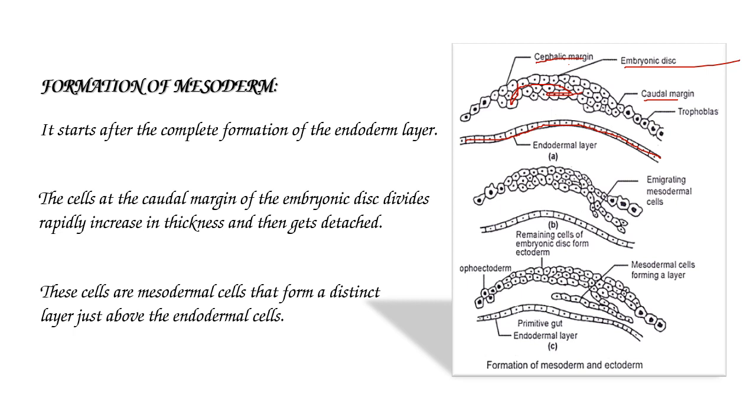Now the mesodermal layer starts to originate from this caudal margin of the embryonic disc. The cells of this caudal margin divide rapidly and increase in number, and these increased cells start to detach. This region starts to detach, and the cells are arranged to form a distinct layer over the endodermal layer.